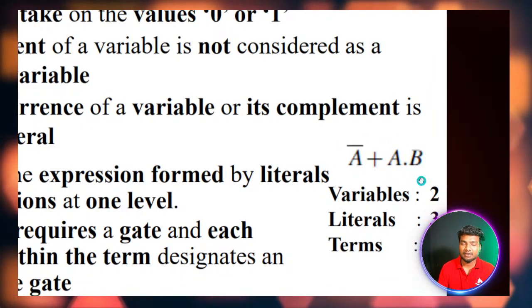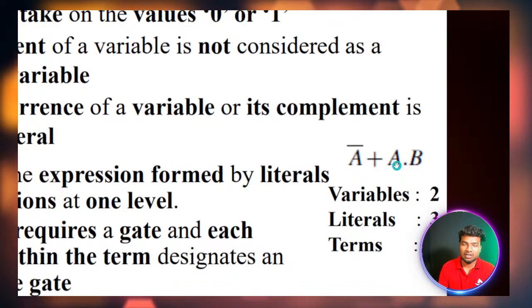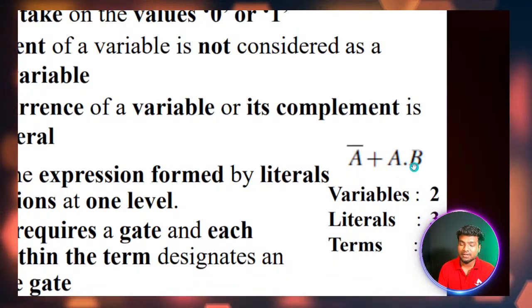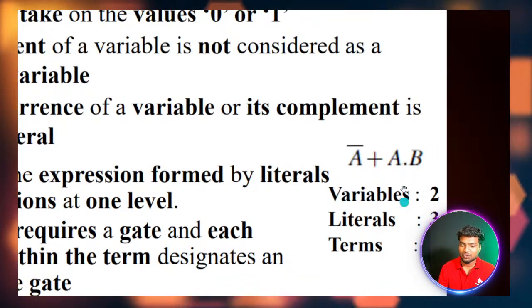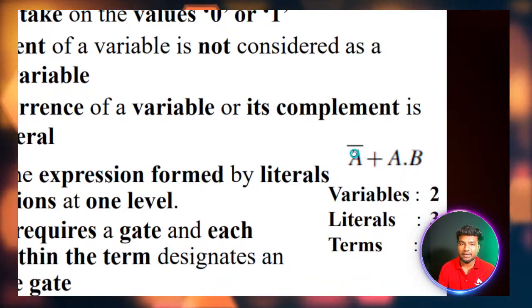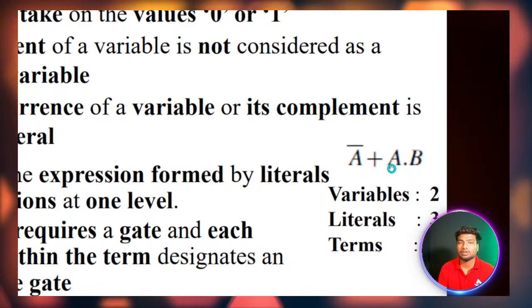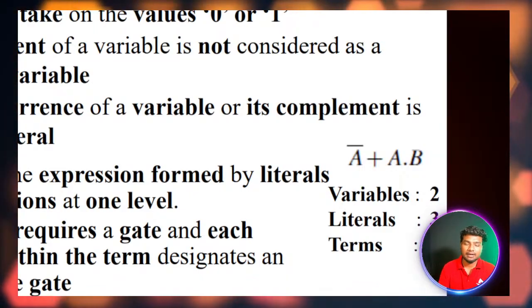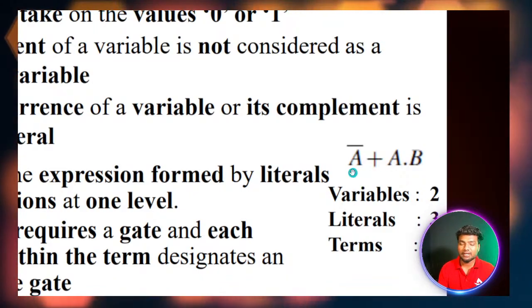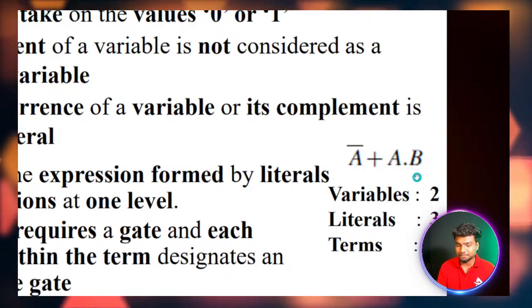A literal is nothing but a variable, but the complement of a variable is also called a literal. So a is one literal, and the complement of that variable is also a literal, plus b.